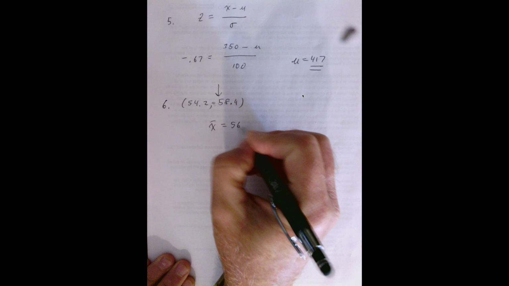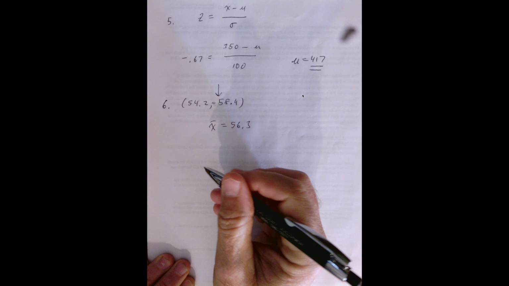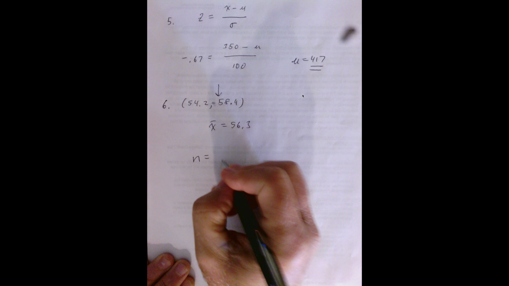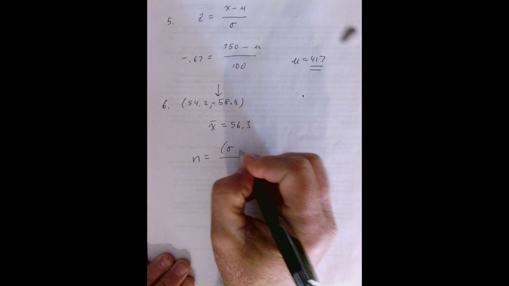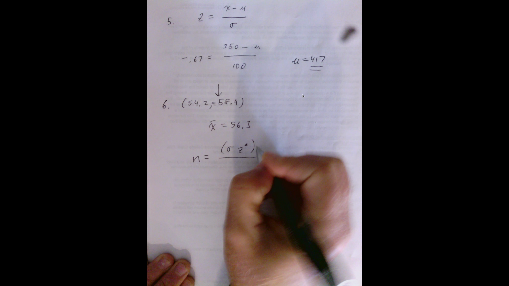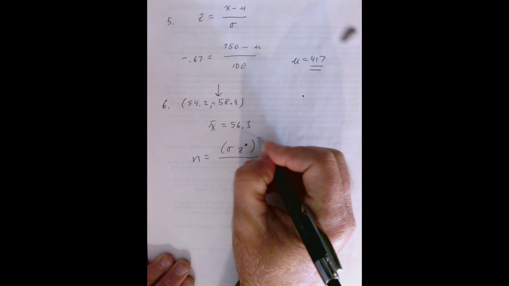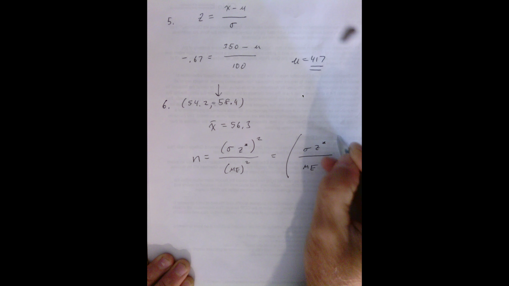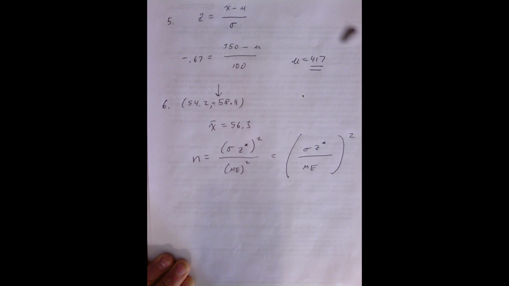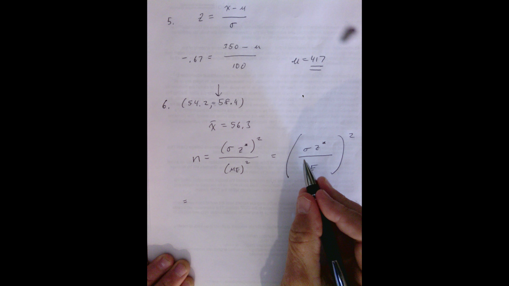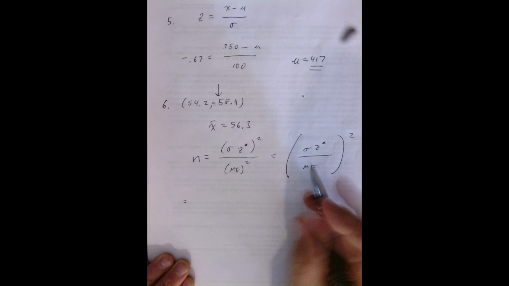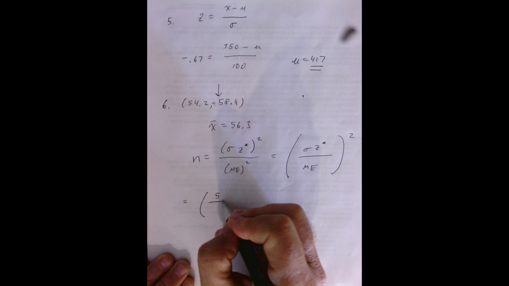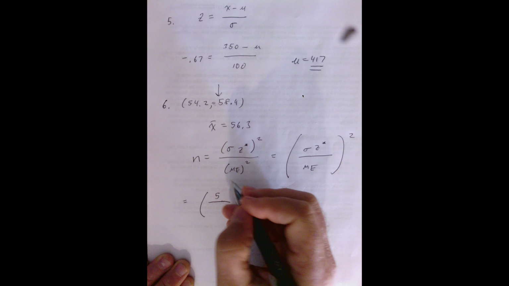Now, guys, remember in these problems, I gave you a formula some time ago that says we can take sigma times z star, quantity squared, over the margin of error. The standard deviation is equal to 5. We're looking at a 95% confidence interval, so that's going to be 1.96.